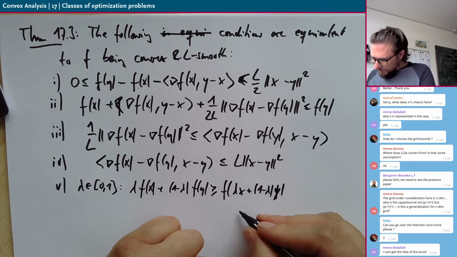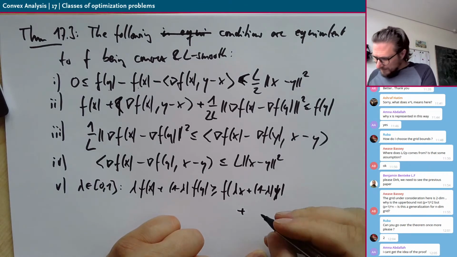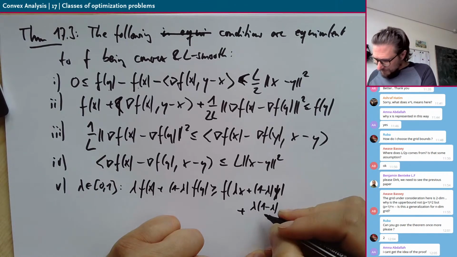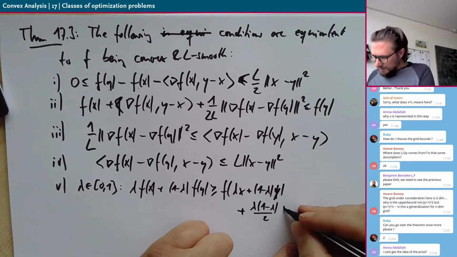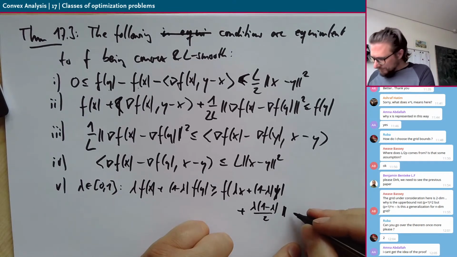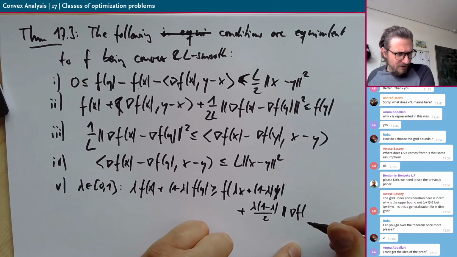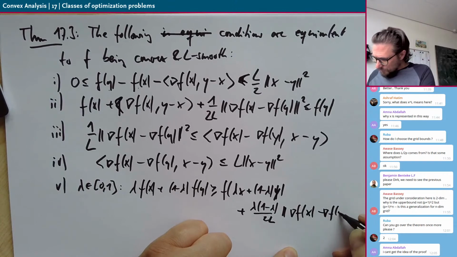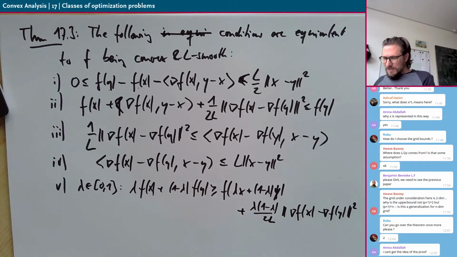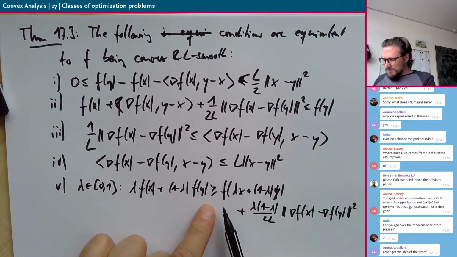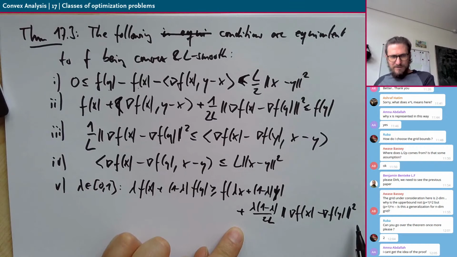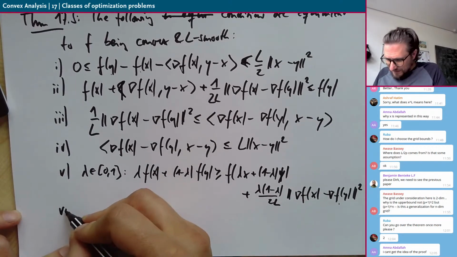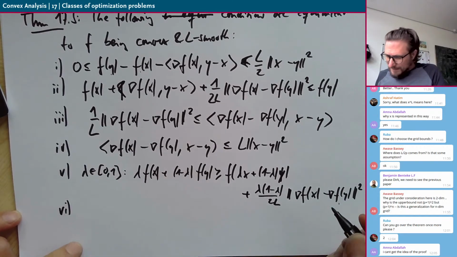And then we have another term, plus lambda times 1 minus lambda over 2L times the squared gradient difference of f of x and f of y. So that's a strengthening of standard convexity, of Jensen's inequality for convexity. You have an additional term on the right-hand side which depends on the gradient difference with 1 over L.